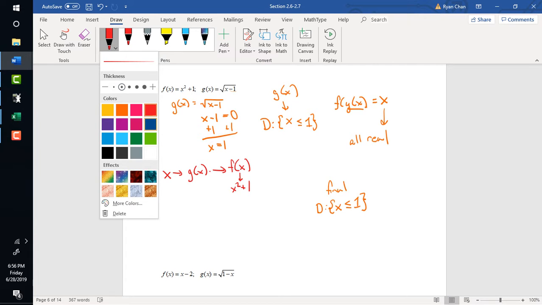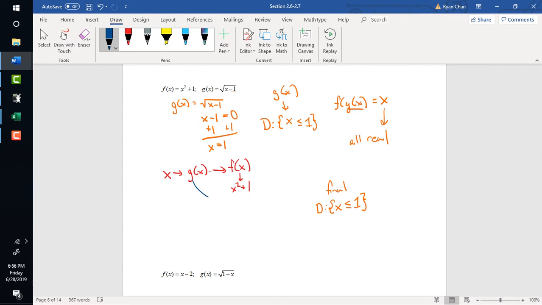So what am I saying? When we find our g of x, which we know has a specific domain, it can't be anything below 1. But the idea is, it doesn't matter. Let's say if I plug in 1, 5, 12, and so forth, anything that's above 1 is okay because I plug it in, and it's going to calculate for me.